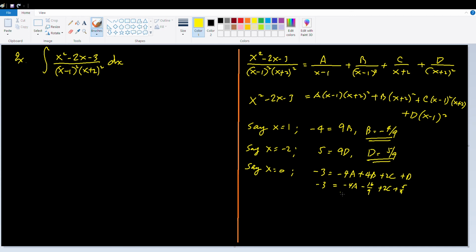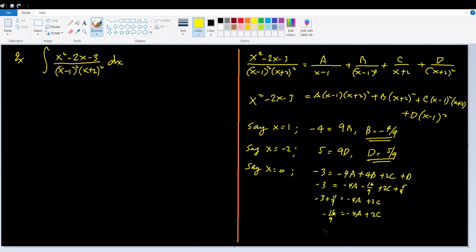So this becomes negative 3 equals negative 16 over 9 plus 5 over 9, which is negative 11 over 9, plus negative 4a plus 2c. Moving to the left, positive 11 over 9: negative 3 times 9 is negative 27, plus 11, that will be negative 16 over 9 equal to negative 4a plus 2c.